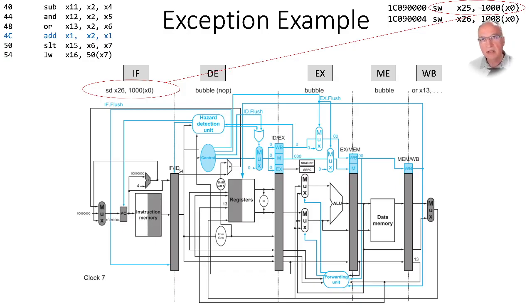So again, the best analogy is to think that the instruction that's causing the exception is raising a flag, saying I am an excepting instruction, I'm going to become a no-op. Every instruction that comes before me has to become a no-op, and we're going to start fetching the exception handler. So that works very well for a single instruction. But what happens when I have multiple exceptions in the pipeline?